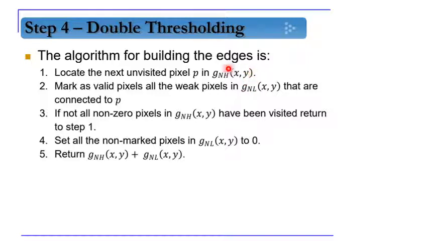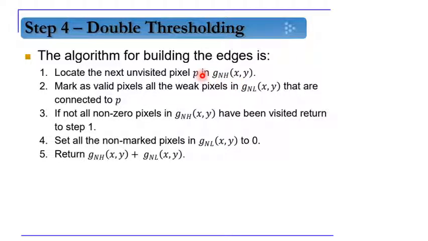For every pixel P present in gNH(x,y), we are going to find pixels in gNL(x,y) that are connected to the pixel P in gNH(x,y) by some connectivity, like the 4-connectivity and 8-connectivity we have seen in the previous lectures.